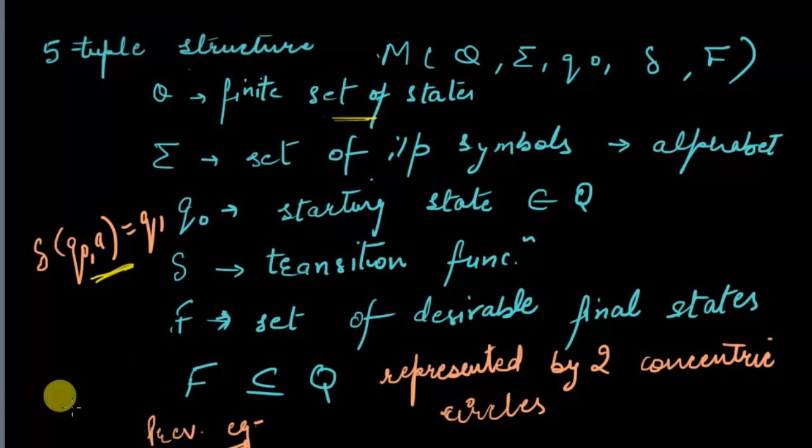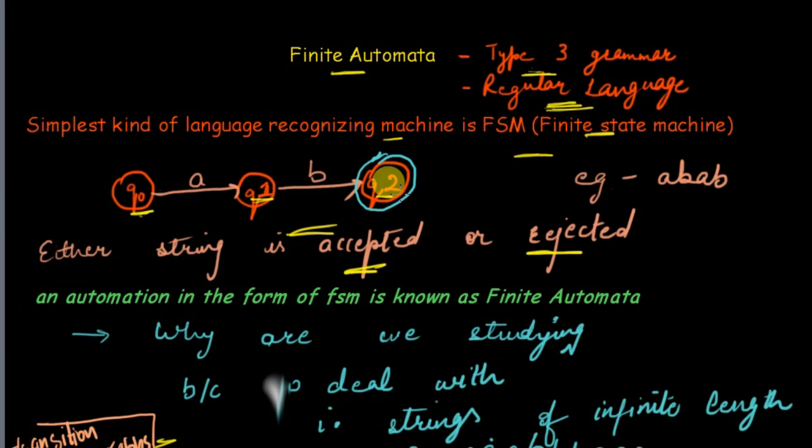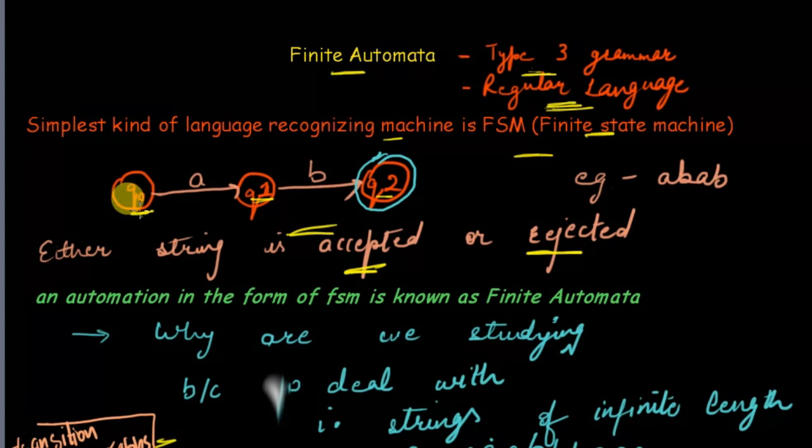Now the final states are represented by two concentric circles, like we can see here. This is my state Q and this is my state Q0.